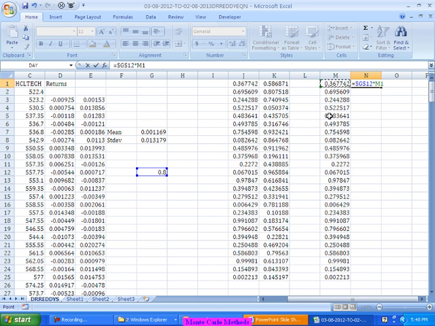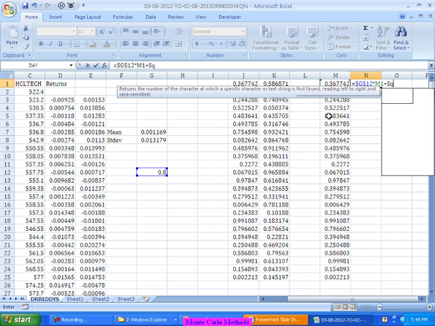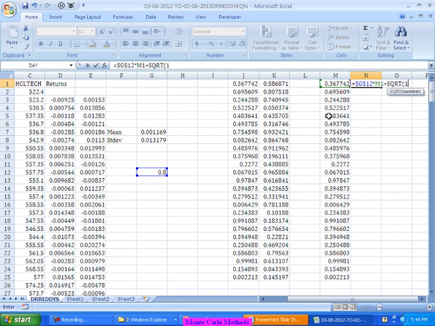So the correlation you multiply with the generated random number, and some part you leave to random. What is that part? I am taking the square root of 1 minus r squared.